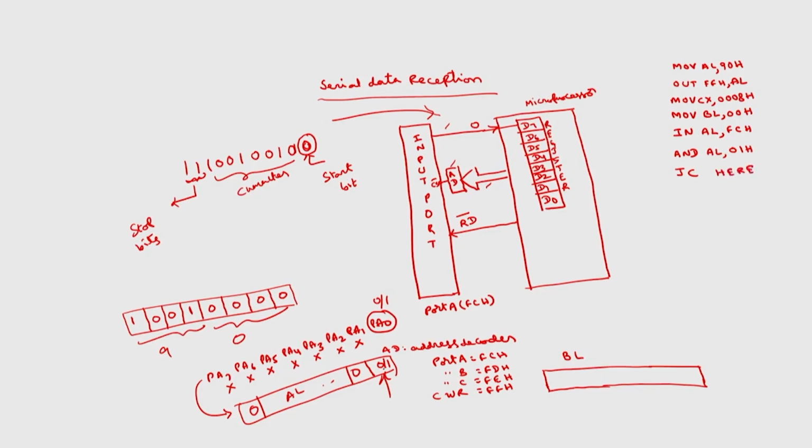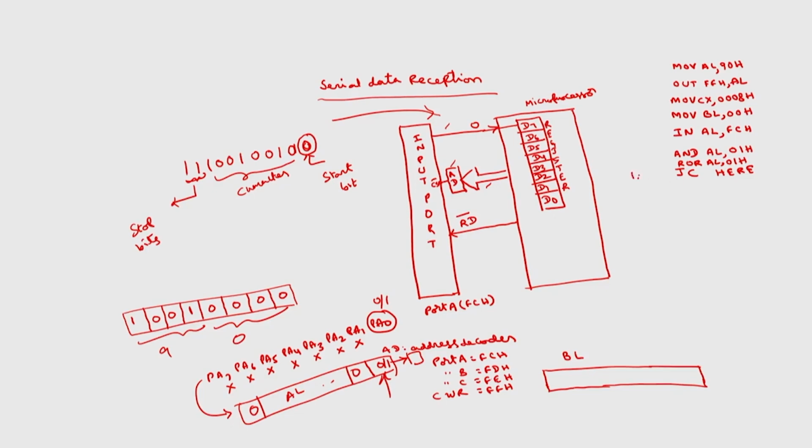I have shifted this bit to the carry flag with ROR. Sorry, after this we have to write ROR AL, 01H, so that the last bit, which is the bit received on PA0, transfers to the carry flag. If this is 0, then it will be false, meaning that is a 0 bit. Otherwise, if this is 1, it means this is not a valid character.